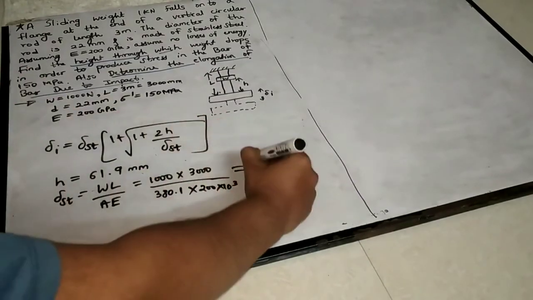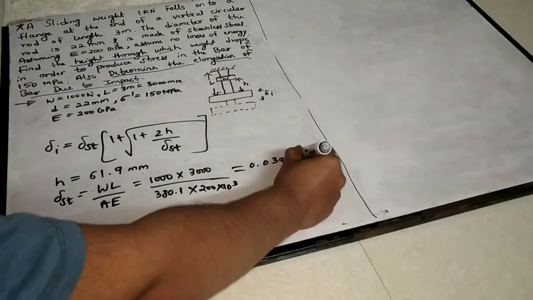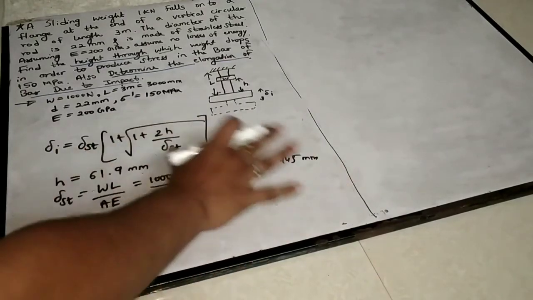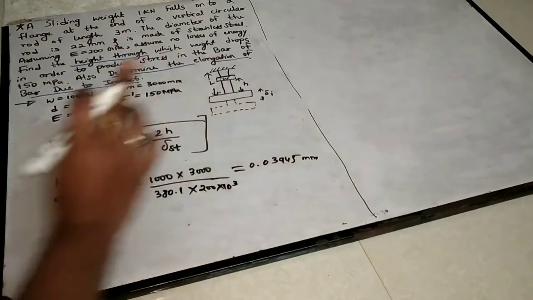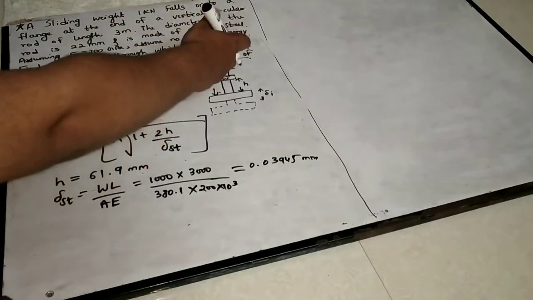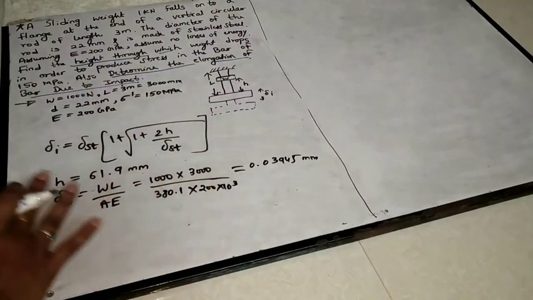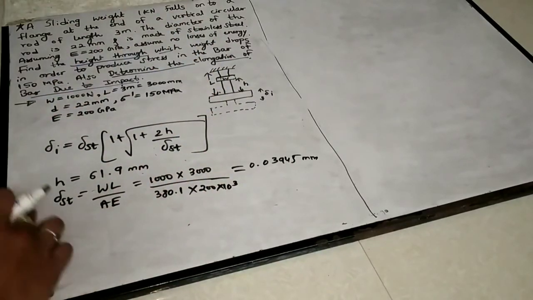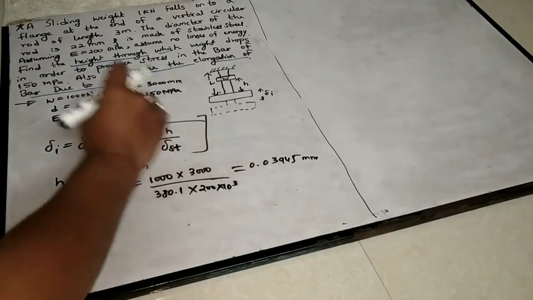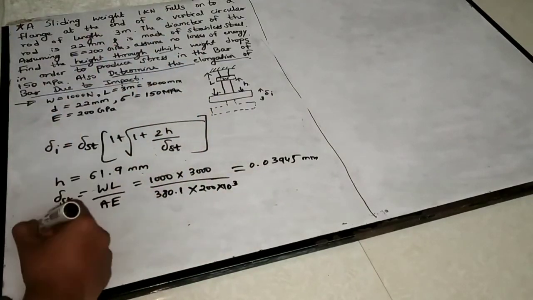So you will be getting 0.03945 mm if you solve this. Static deflection, that is only due to this falling weight. So the complete meaning I explained to you in the theory class. Just substitute this static deflection value and the h value in this equation.